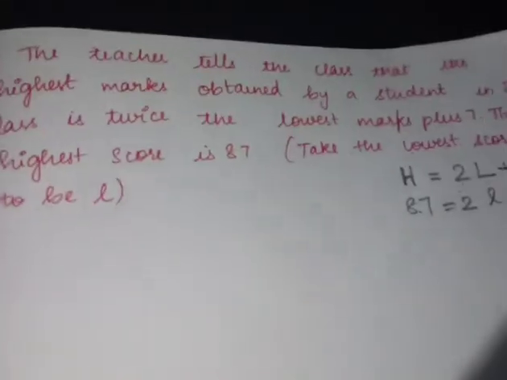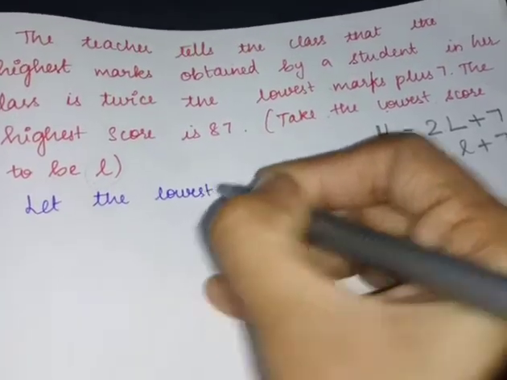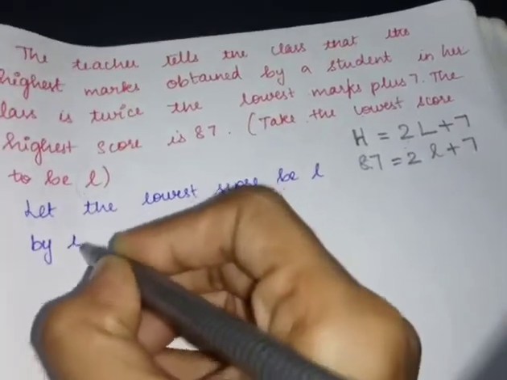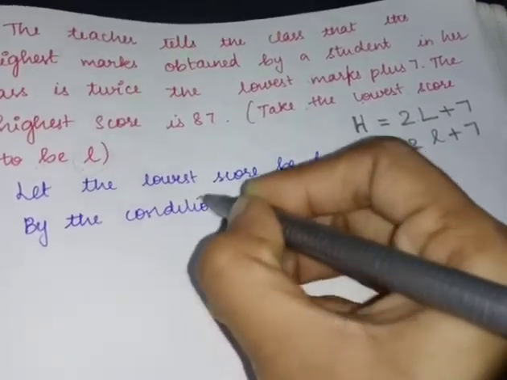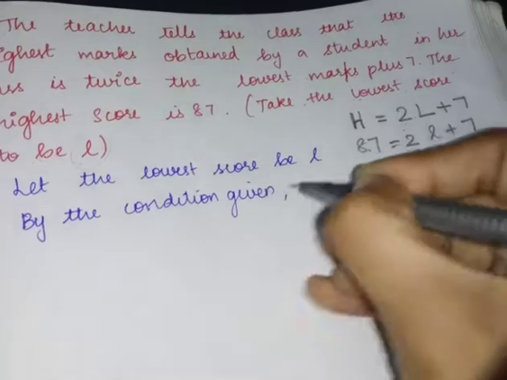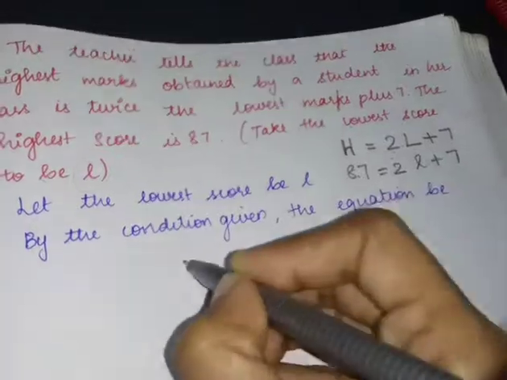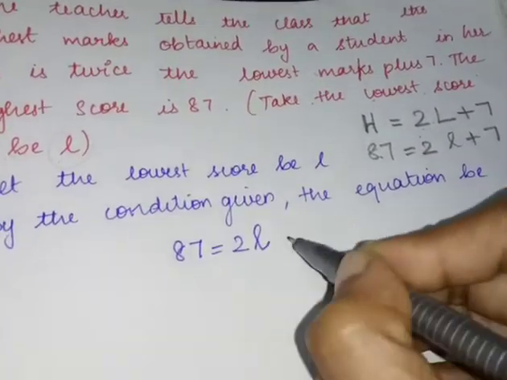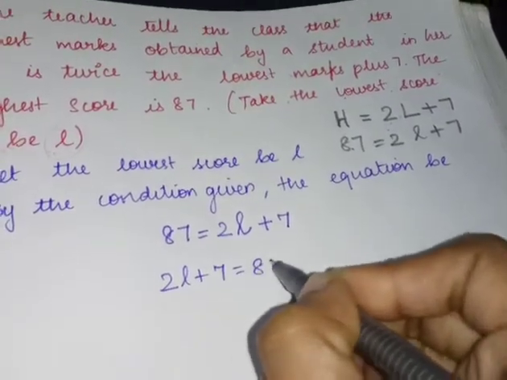Shall I write the solution now? Yes. Let the lowest score be L. By the condition given, what is the equation, children? 87, the highest score, is equal to twice the lowest score plus 7, or you can write 2L plus 7 is equal to 87.